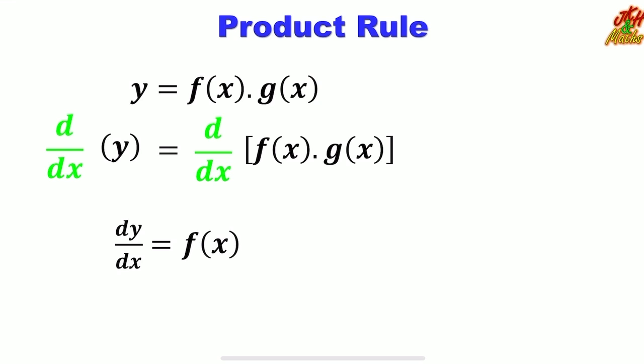And on the right hand side, it is a product: f(x) with the first derivative of g(x), plus g(x) with the first derivative of f(x). So dy/dx equals f(x) multiplied with the first derivative of g(x) plus g(x) multiplied with the first derivative of f(x), which is known as the product rule.